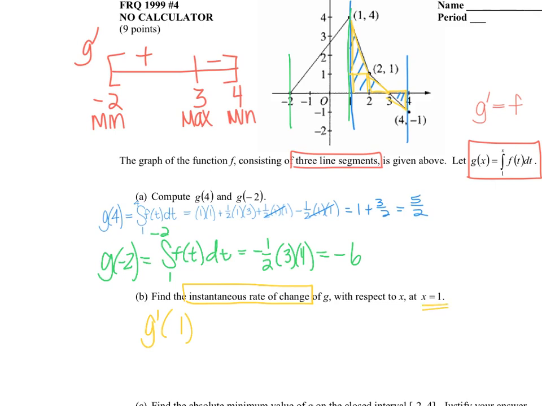G prime of 1 is the same thing as f of 1. Show the people grading your test that you know the relationship between G prime and f. Are you with me? So G prime of 1 has a height, a value of 4. Done.